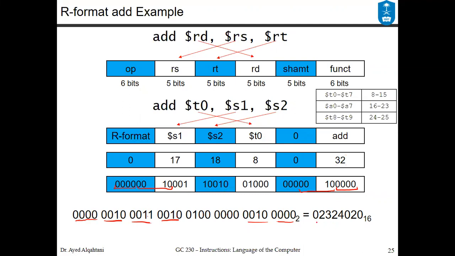So when you see this in a memory location, and you know that this is an instruction, you can do the opposite operation and find out that this is an add between S1 and S2. You add them together and you put the result in T0.